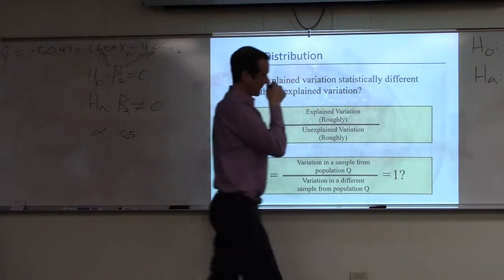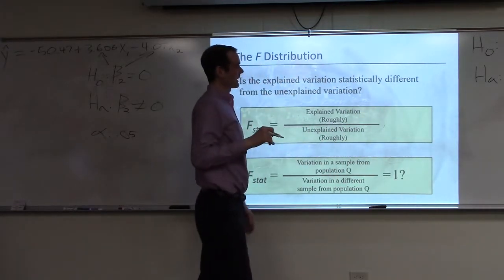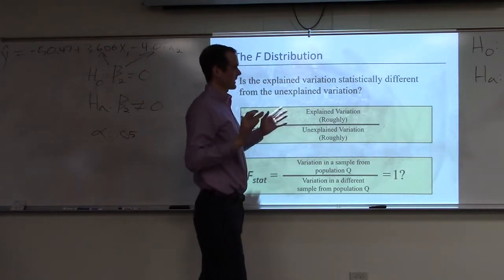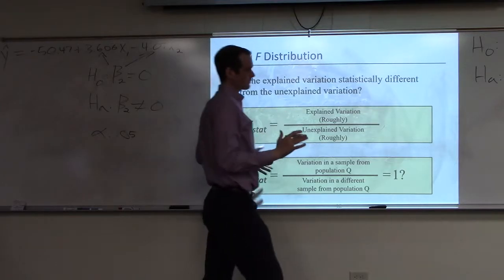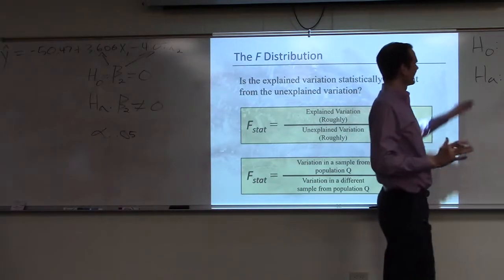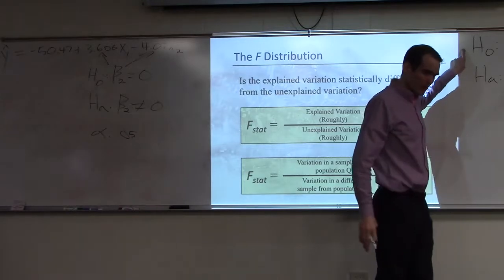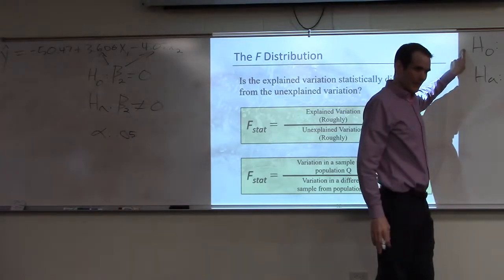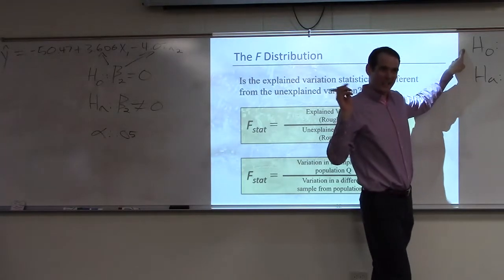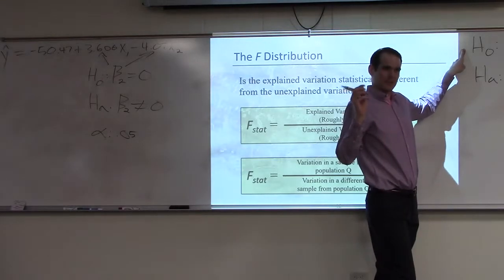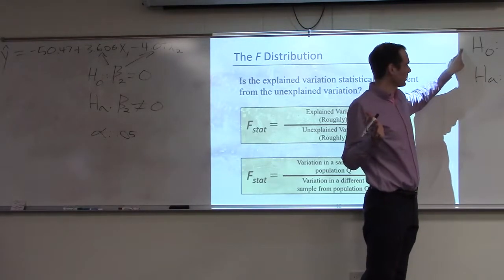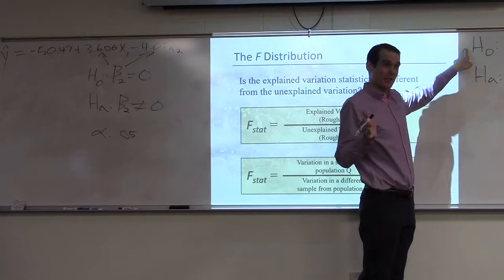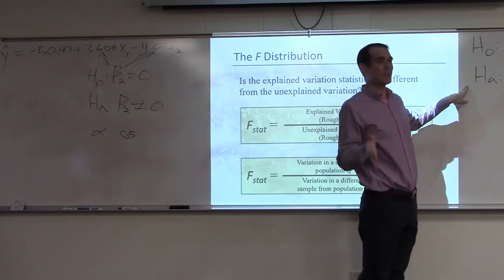Okay? So we will look at this F-distribution, and we will say, given this assumption, is the sample data highly unusual? If it is, we will reject this assumption, and we will assume this is true.